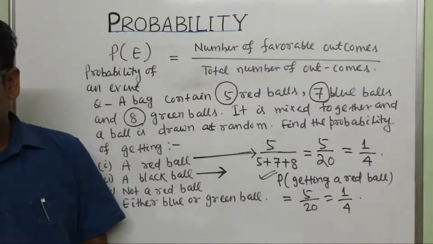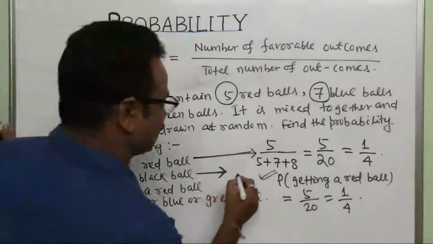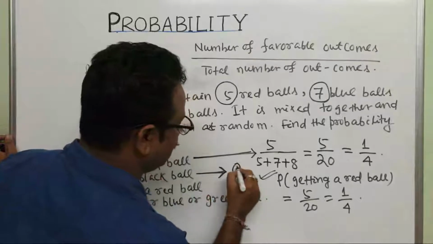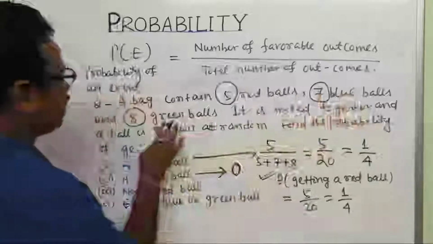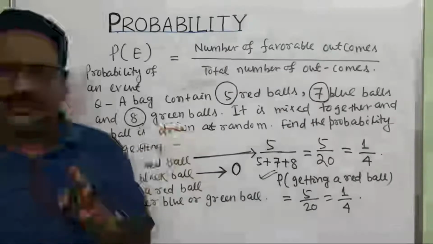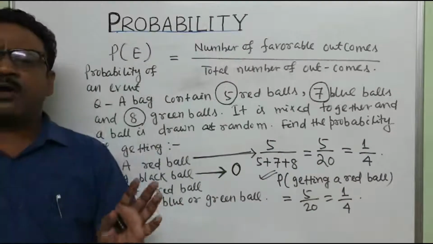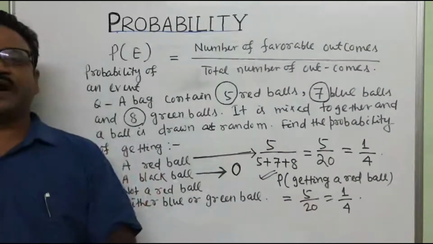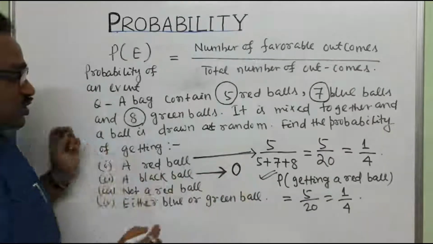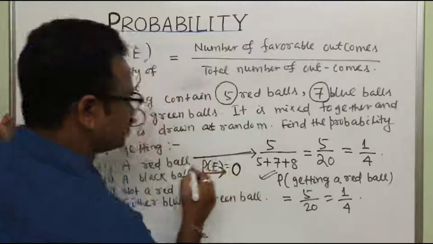So yes, it is an impossible event. This is 0. 0 by something is 0. So directly 0, impossible, because red, blue and green balls are there. No black ball. So no ball will be black if drawn at random. So the probability is 0. We can write P is equal to 0.